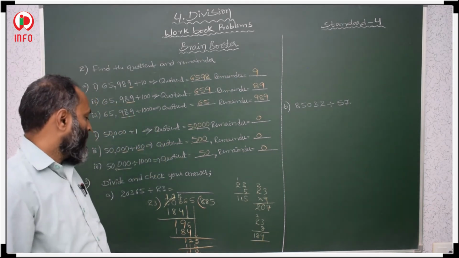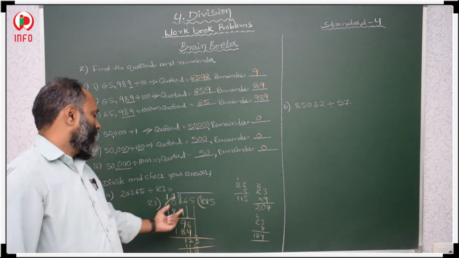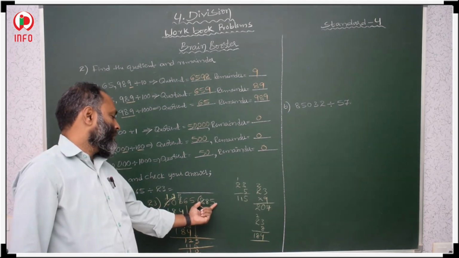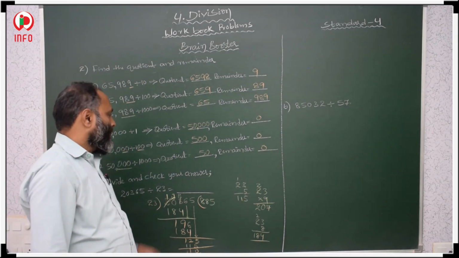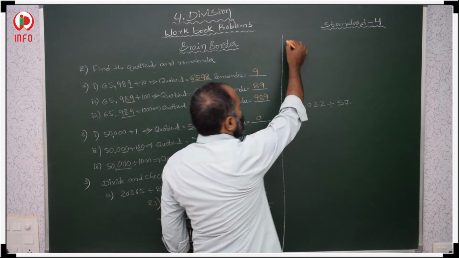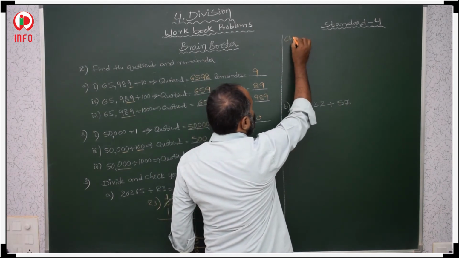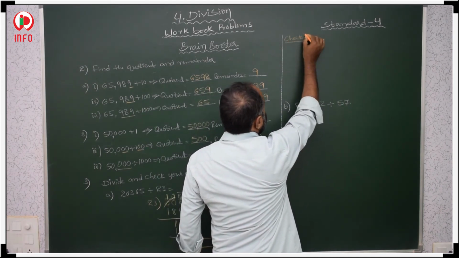Okay. Now this is the divisor, this is the dividend, this is the quotient, and this one is the remainder. Now we have to check. So the formula is there. What is the formula?